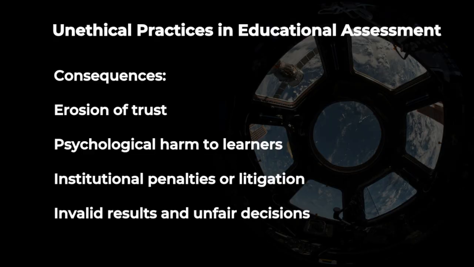Unethical practices in educational assessment. Examples of unethical conduct include teaching to the test excessively, narrowing curriculum, discriminatory assessments, e.g., gender, language, disability bias, leaking test questions, manipulating grades or inflating scores, publicly shaming students based on performance, using tests for unintended purposes, e.g., punishment or exclusion, plagiarism in students' submitted work.